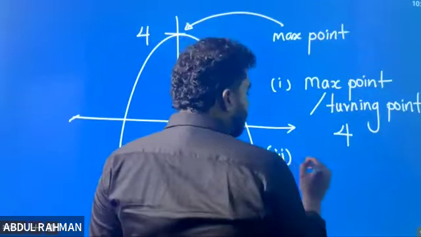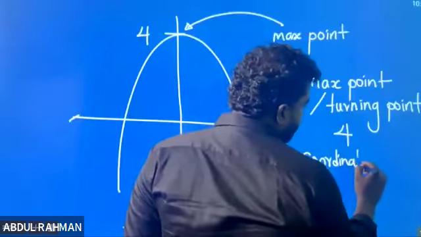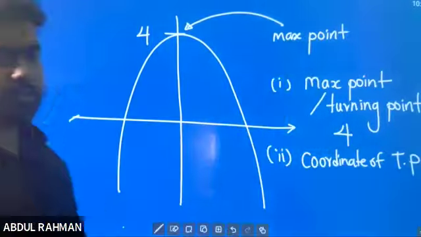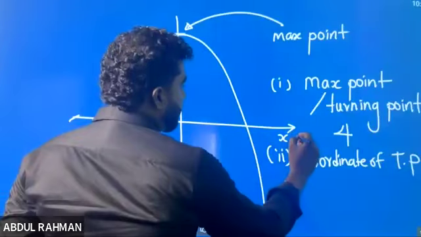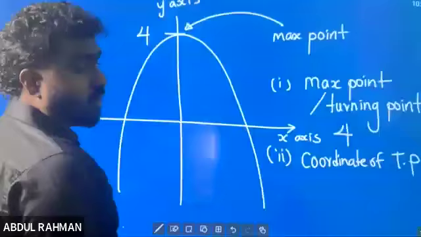Second one I'm asking, what is the coordinate of the turning point? TP, turning point. 0, 4. Why 0, 4? This is the y-axis and this is the x-axis.